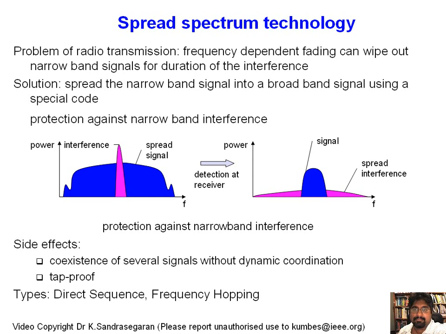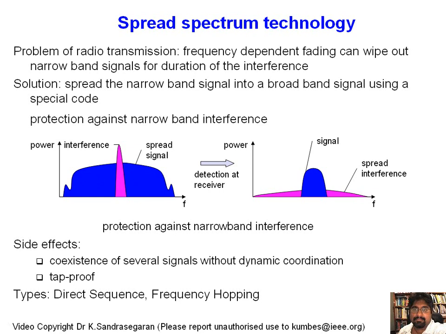Now, the main idea behind that is, even if there was some kind of interference, for example, if the blue portion here represents the spread signal that is transmitted, and even if a portion of this spread signal is wiped out by interference, which is shown in pink here, you see that the remaining part of the signal gets through.